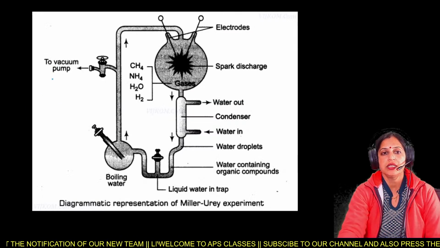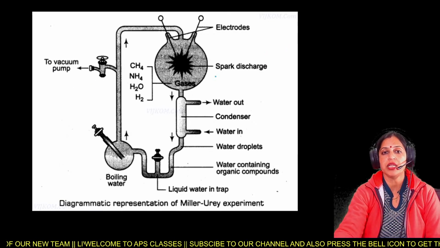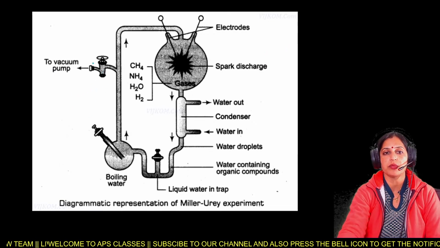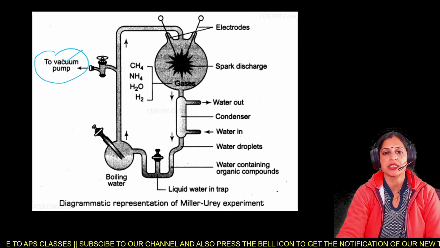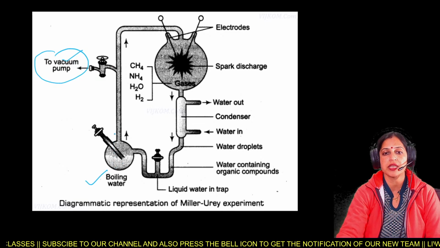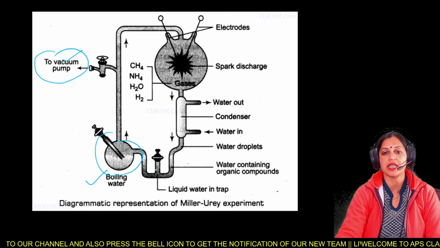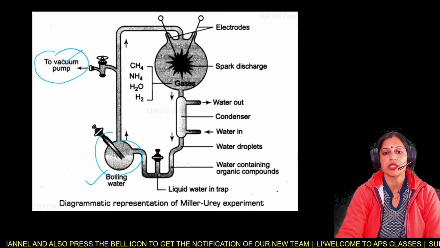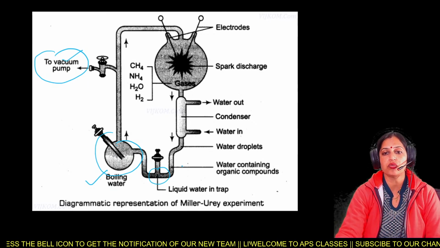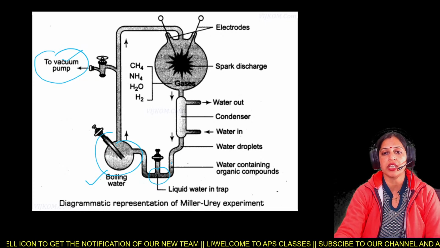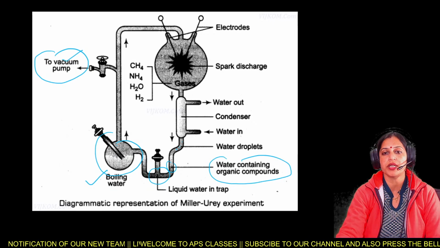This is the representation of the Miller-Urey experiment. This is the vacuum pump, connected with the boiling water, which is directly connected with a liquid water trap. In this trap there is liquid water containing organic compounds, and these are the water droplets.